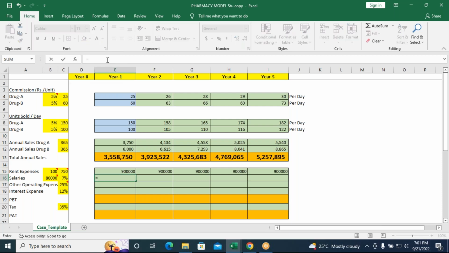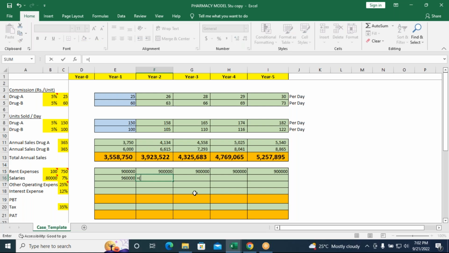So I'll take it as is equal to 80,000 into, now what should I do? Should I take the value directly or should I add something else here? Into 12, ma'am. Very good. So it is 9,60,000. They are telling that there is an inflation of 7% on here. So how should I put the calculation?